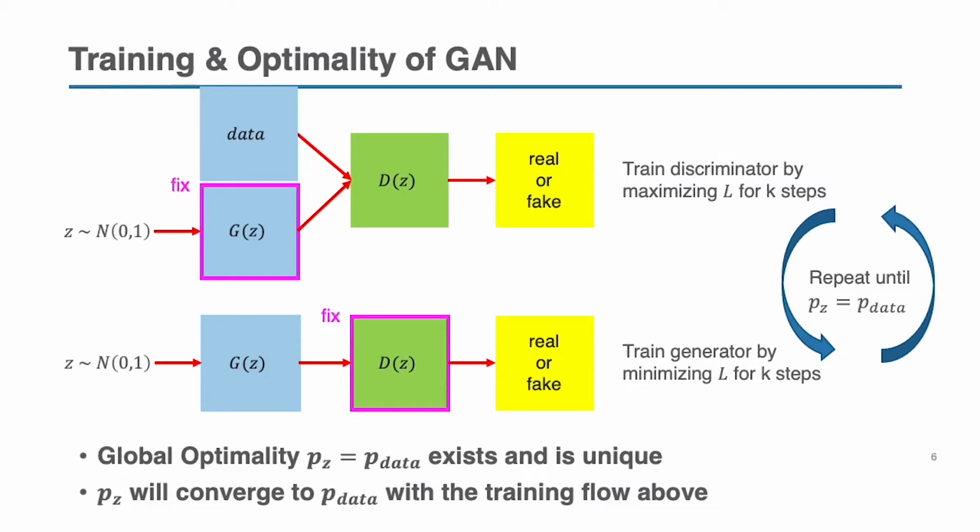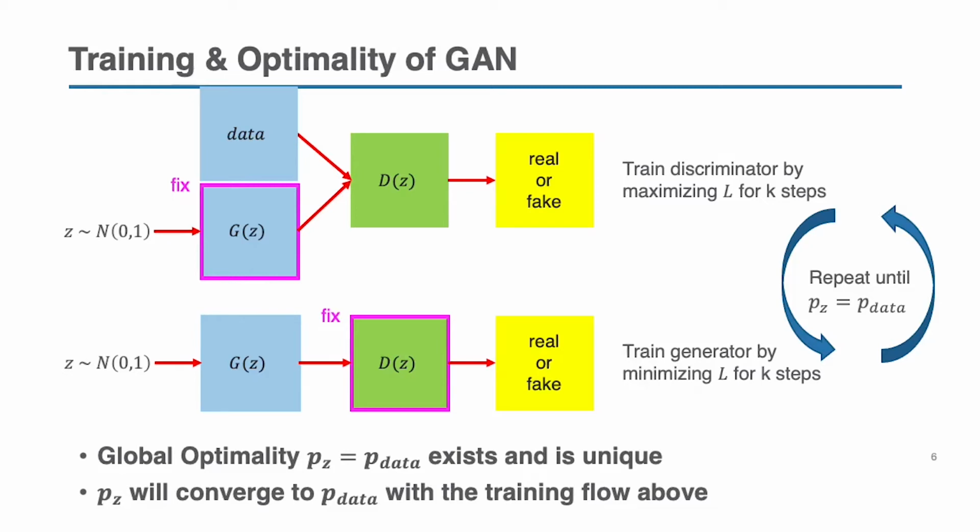And it's pretty hard to tell that this would actually work for the method provided here. We have to first prove that the global optimality, which is P sub z equals P sub data, actually exists and is unique. We also have to prove that by training in this way, the generator will actually converge to the distribution of the training data set.